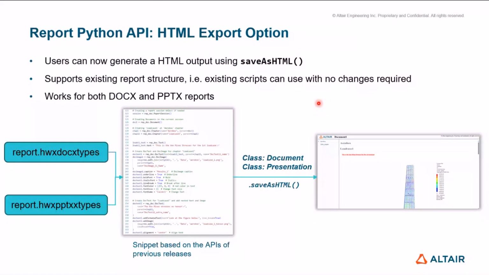So the big hit, as we talked about in the GTA post, is the HTML export option that we now have. The HTML export option is very easy to execute, because we use all the APIs that were introduced in previous releases as of 25.0, changing only one API, the export API, which is now save as HTML.